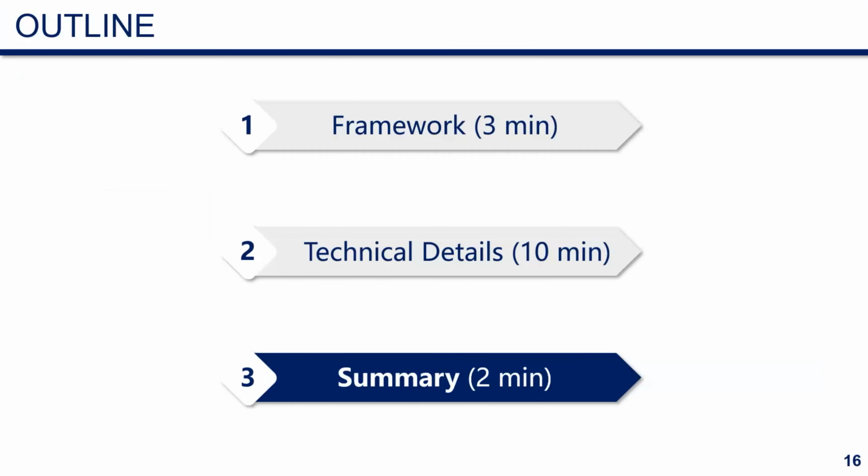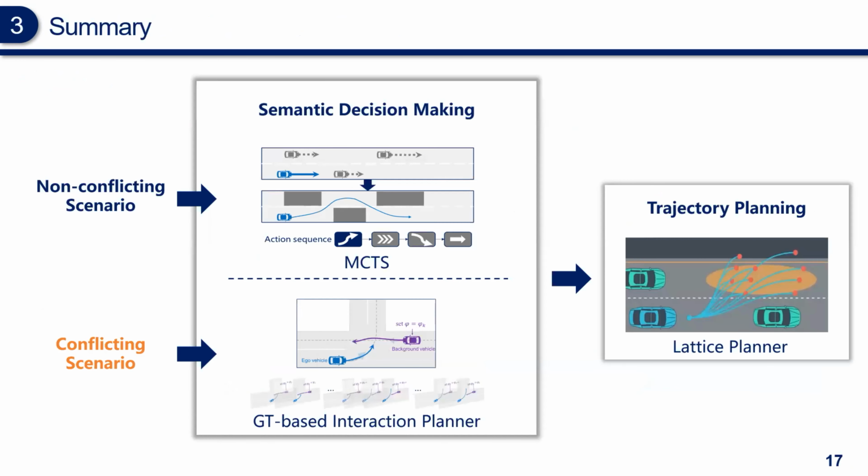I'll give a short summary of our planner and its performance. In semantic decision making, we used MCTS for non-conflict scenarios and the GT-based interaction planner for conflict scenarios. The Lattice Planner later generates the trajectory solution from the semantic target.